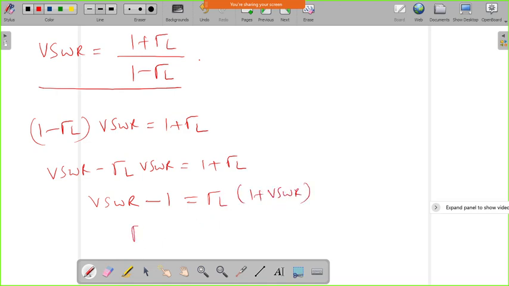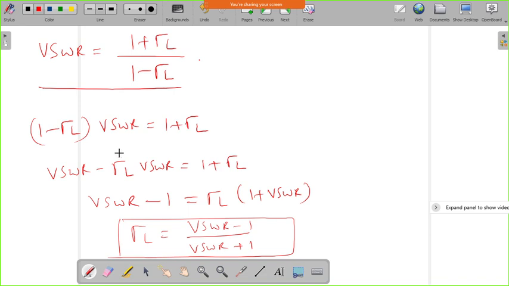So now gamma L is equal to VSWR minus 1 divided by VSWR plus 1. This is gamma L in terms of VSWR.